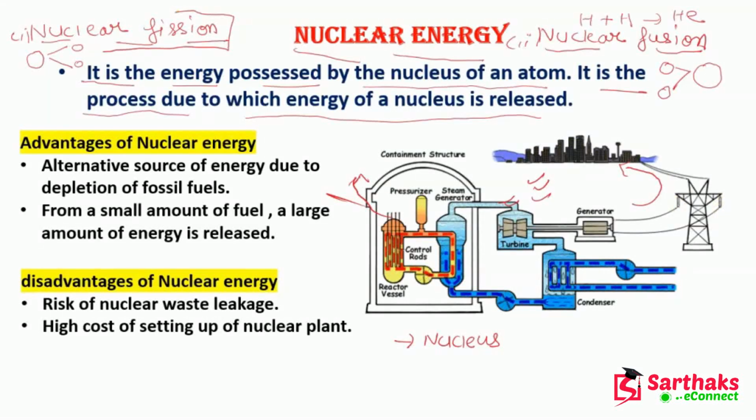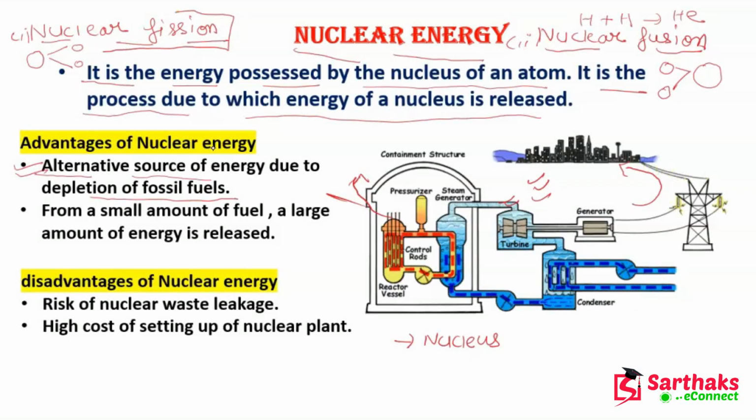Now guys, let us talk about the advantages of nuclear energy. So the first advantage is an alternative source of energy due to depletion of fossil fuels. This is a big advantage.